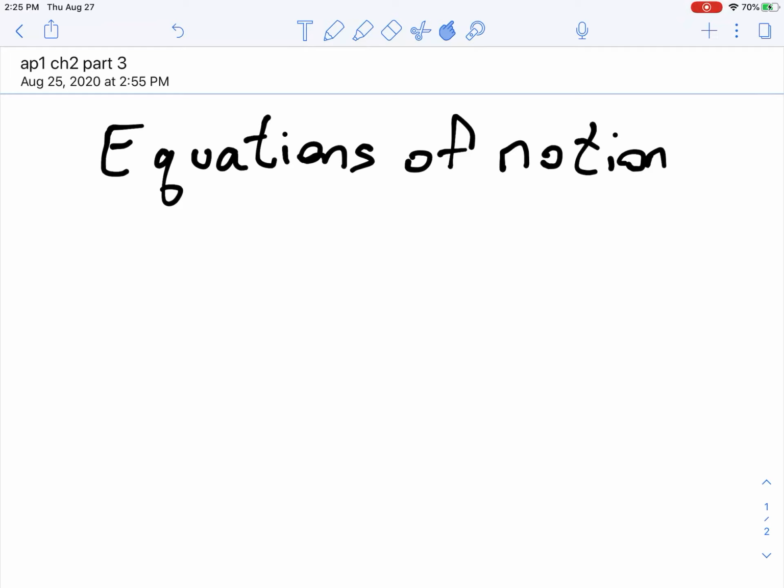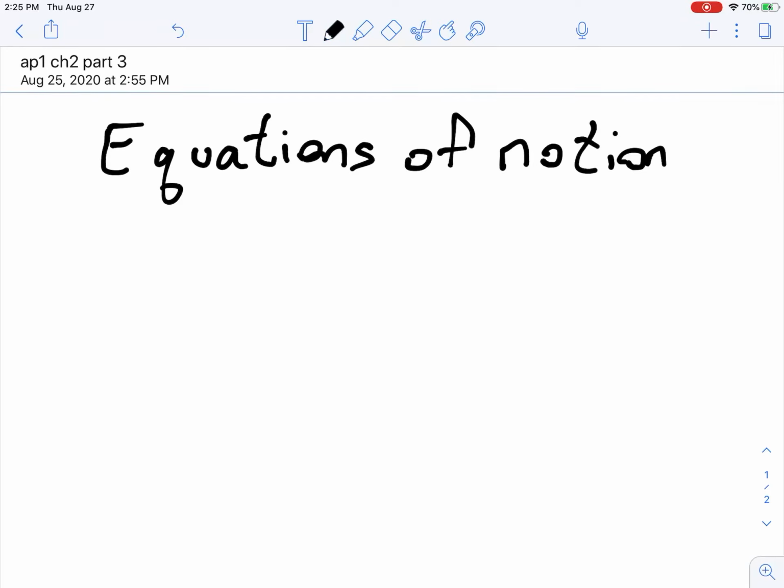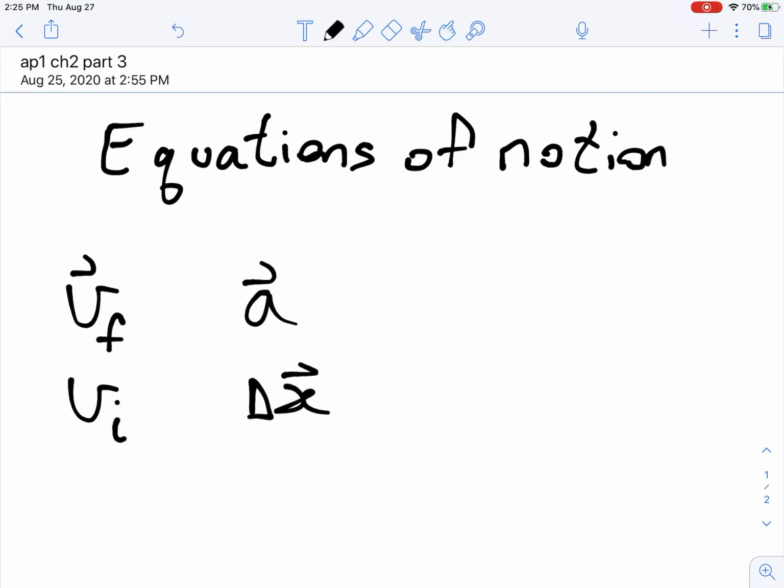Secondly, these 4 equations are going to be a way for us to relate 5 of our kinematic variables. Kinematics is what we're doing right now, the metrics of kinetics, motion. So the variables we have are v final, v initial, acceleration, and displacement, those are our vectors, and we have time.